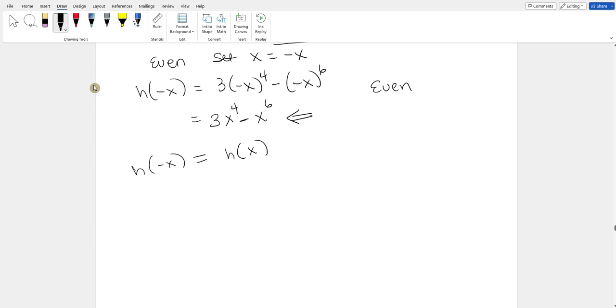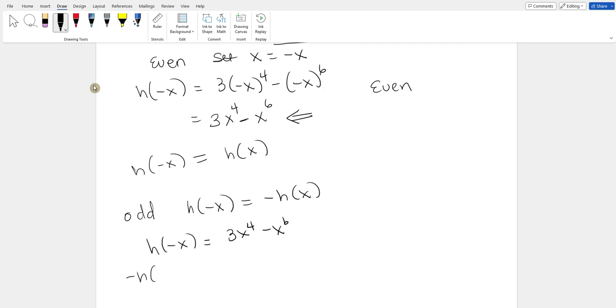To check whether or not it's odd, we're going to check whether or not h of negative x is equal to negative h of x. We've already calculated h of negative x above. Now let's check negative h of x. I'm going to put a negative sign in front of 3x to the fourth minus x to the sixth, and then I'm going to change all of the signs.